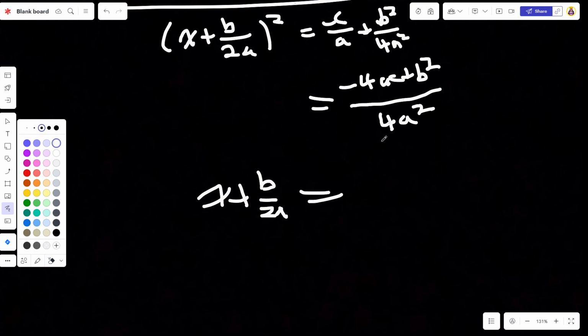And we notice here 4a squared is a perfect square, because the square root of 4 is 2, and the square root of a squared is obviously a. So we're just going to write over 2a on the bottom and the square root, and we're going to rearrange this into b squared minus 4ac.